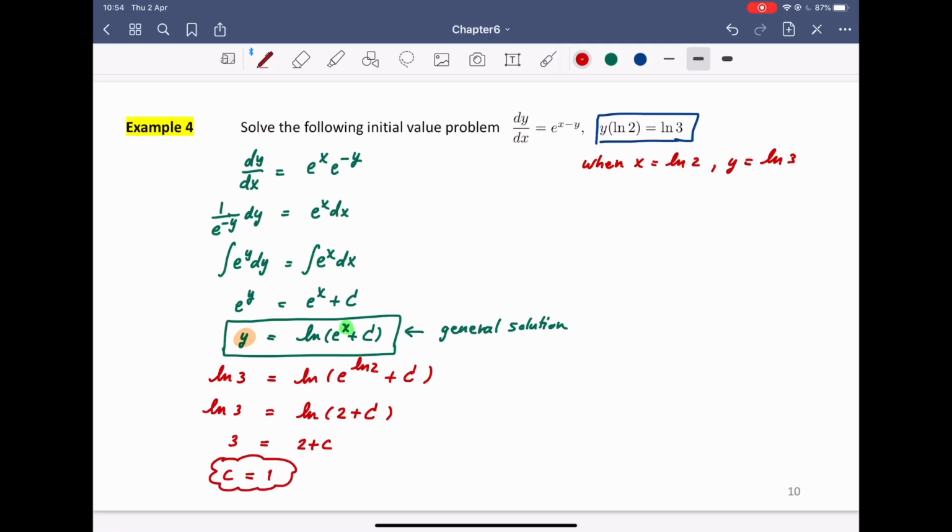After you get c equal to 1, you can plug c equal to 1 into the general solution, and that will give you the solution of the initial value problem. So to sum up, the solution of this initial value problem is y equal to log of e to the x plus 1, right? Because you just plug in 1 for c, and that's all.